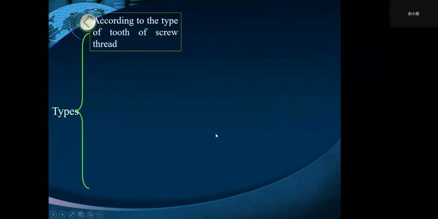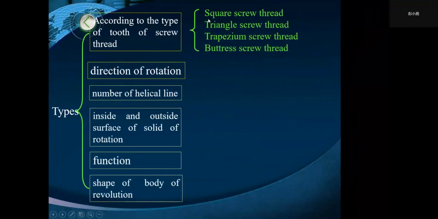And different types of screw threads are classified according to various criteria, such as function, profile, pitch, position, and so on. For example, according to the type of tooth, screw threads can be divided into square screw thread, triangle screw thread, trapezium screw thread, and buttress screw thread.